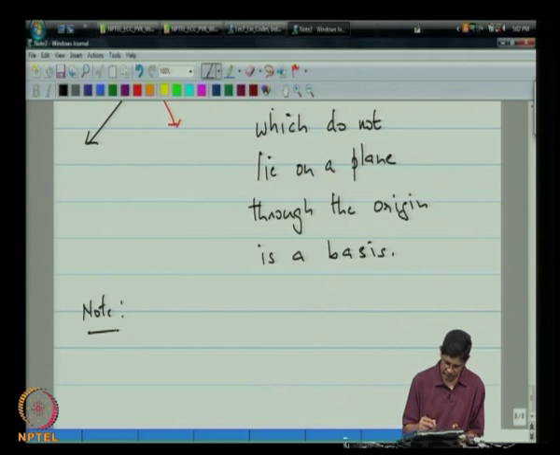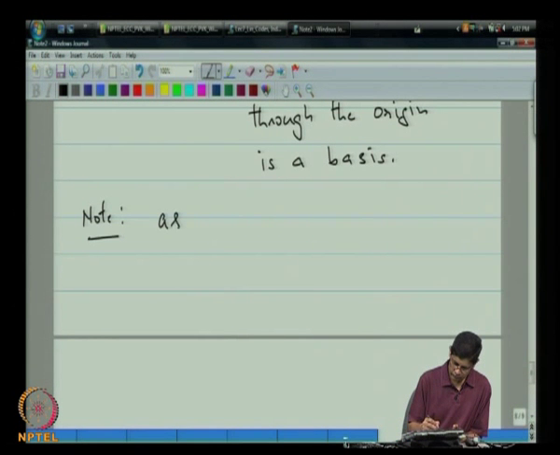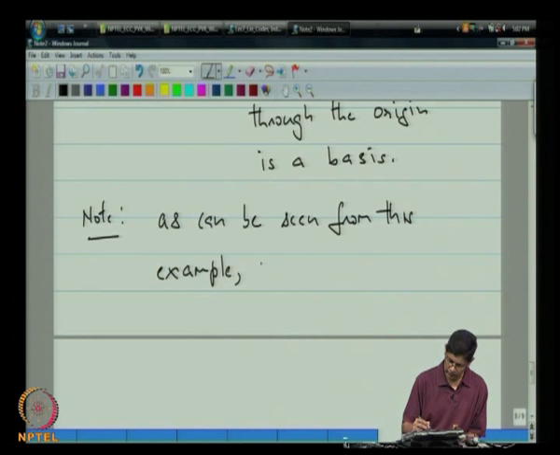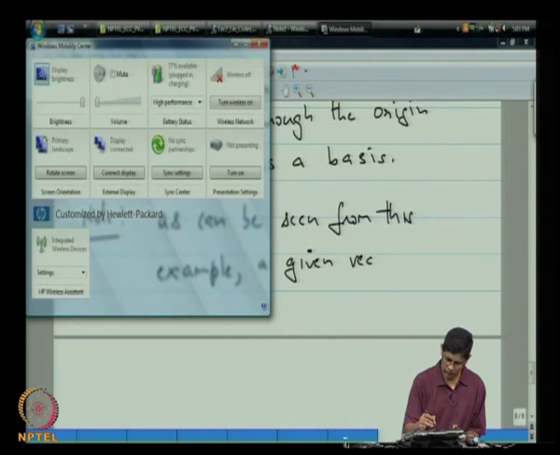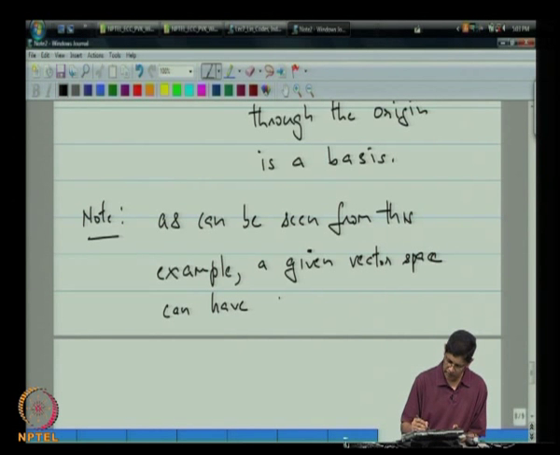As can be seen from this example, a given vector space can have multiple bases.